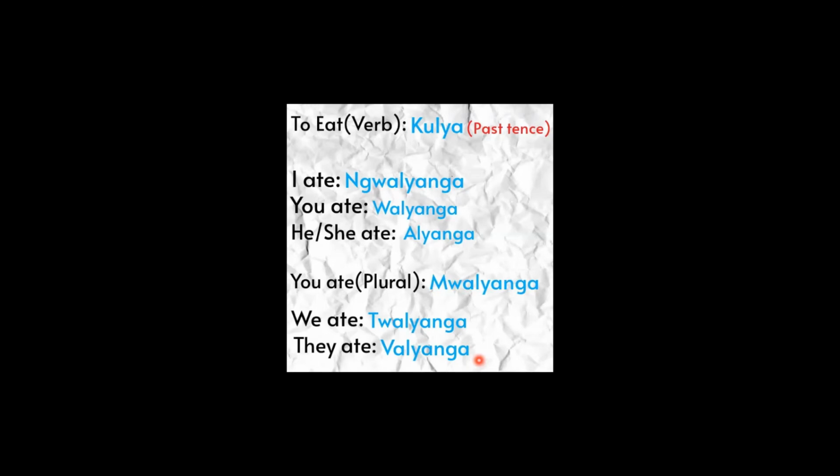Kawa alyanga. If you want to say the dog ate the meat, you say kawa alyanga nyama. So animals mostly go with it, alyanga, or they, balyanga.